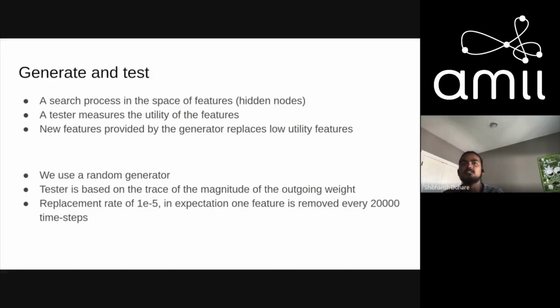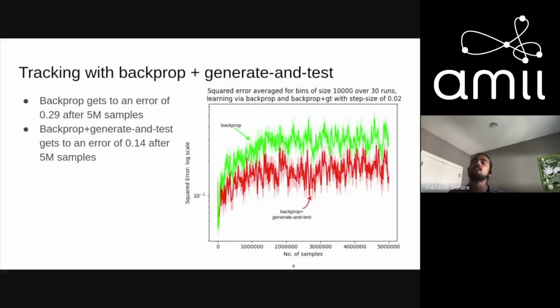So the new features are generated randomly from the initial distribution, and the tester is based on the magnitude of the outgoing weight. And I'm using a small replacement rate, which means that I'm replacing around one feature every 20,000 time steps. And when we do that, we find that it helps backprop over time.